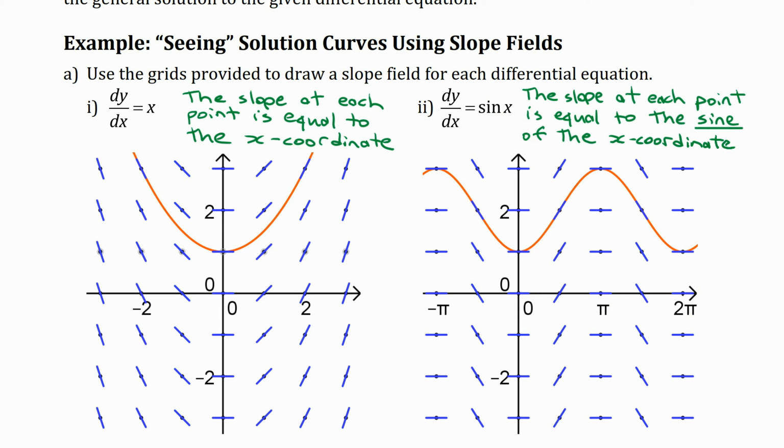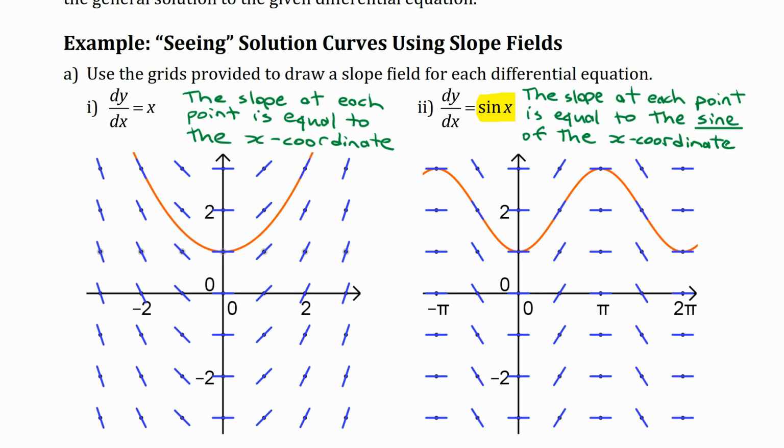And then if we keep going here, if this is pi over 2, sine of pi over 2 is 1. So these are all slopes of 1. Now it's harder to draw these by hand as slopes of 1 because the grid is not, like over here the grid was 1 each way, so you could use your ruler like that.